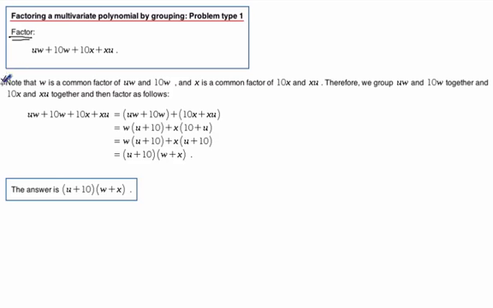So make note here that we've got a common factor in some terms. Like for instance, we have a common w in those two terms, right? And if we look here, the 10x and the xu, we've got a common factor of x in there.